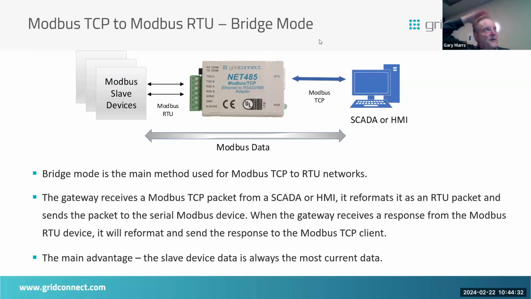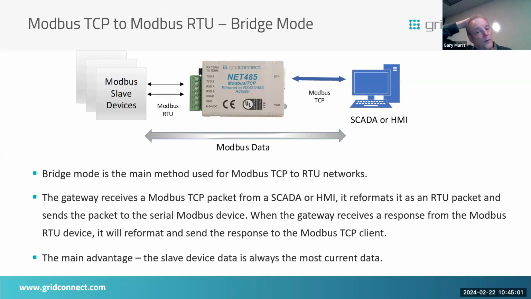What's a little confusing is that while the functionality of bridge mode is common among a lot of gateways, the terminology is not. We use bridge mode, but you might see this as router mode, or transparent gateway mode, or ATOP actually refers to this as Modbus ID routing.